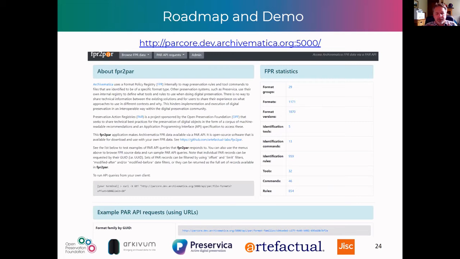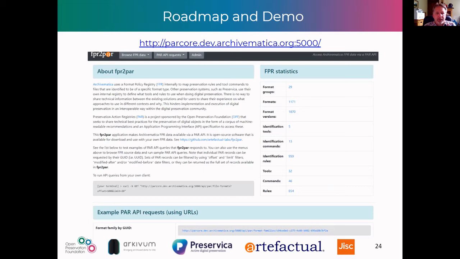So Preservica, Archivematica and Archivem have all created PAR endpoints that you can go to, and you can try out the various different entities that Jason was just talking about. So you can see here the Archivematica URL.